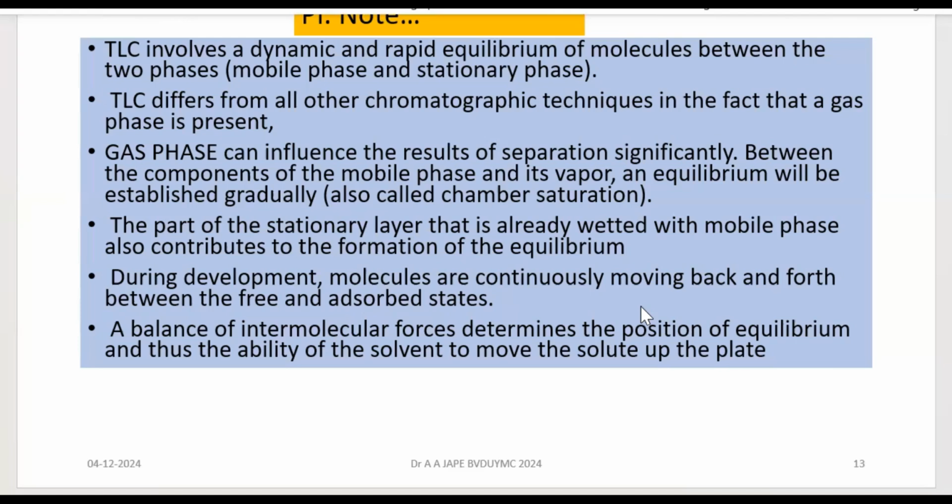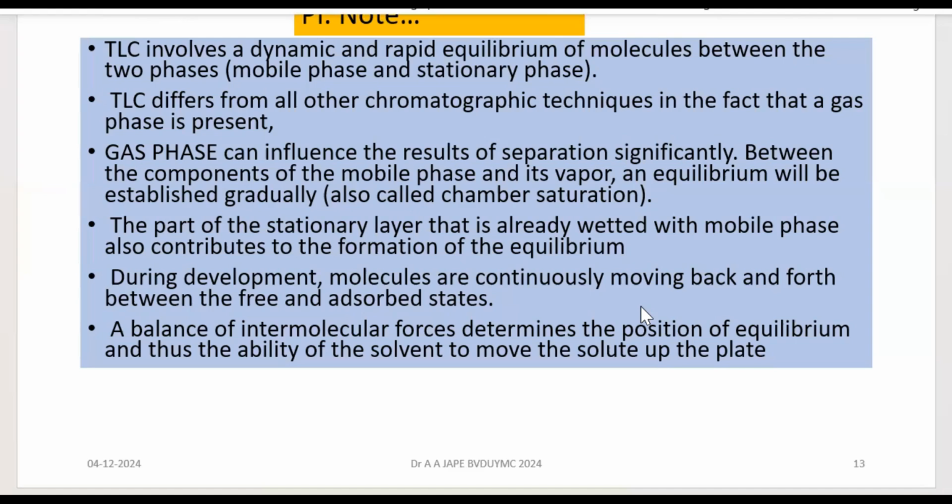A saturated chamber is going to give you good separation, because this gaseous phase is the one which is going to be in equilibrium with the entire system. If there is presence of air or moisture, then this gas phase can influence the results of separation, and this influence is going to lead to significant variations in the results.